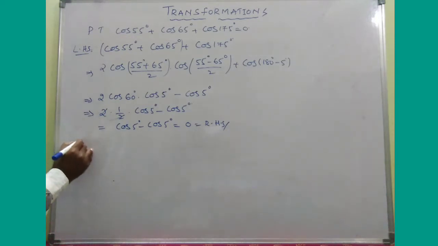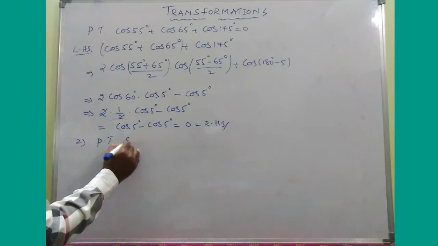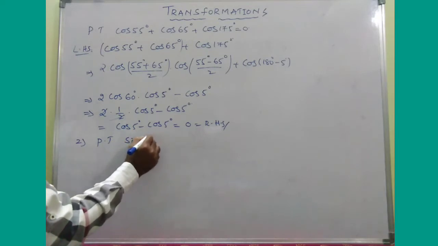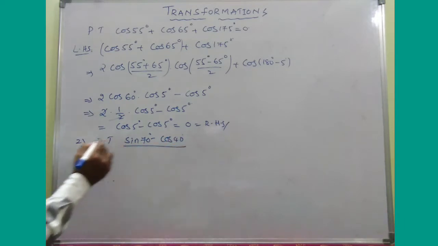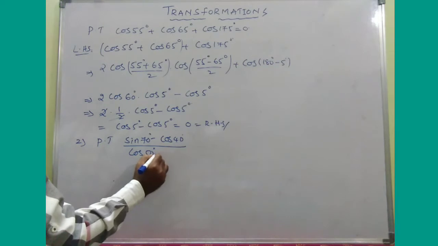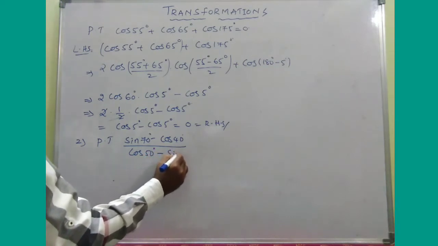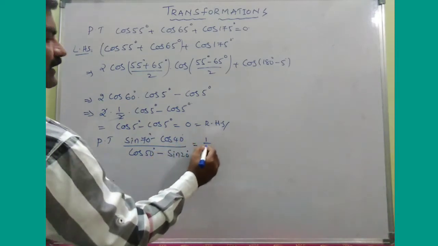Look at one more question. Prove that (sin 70 degrees minus cos 40 degrees) by (cos 50 degrees minus sin 20 degrees) is equal to 1 by root 3.